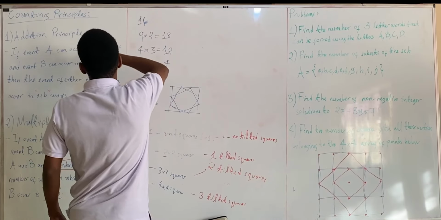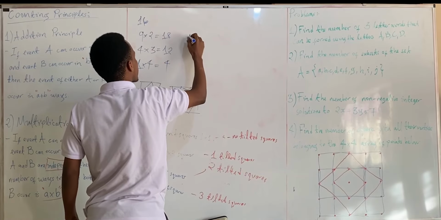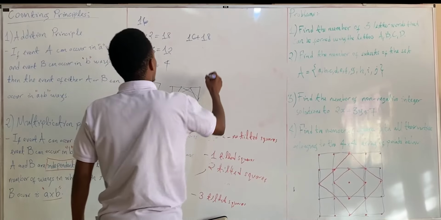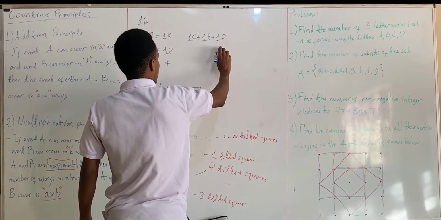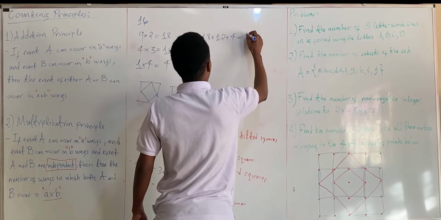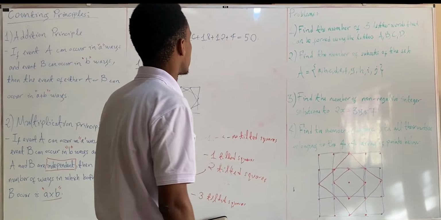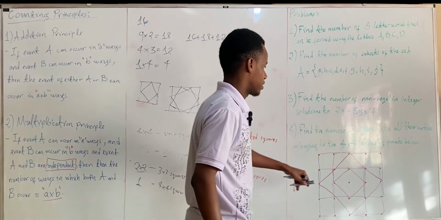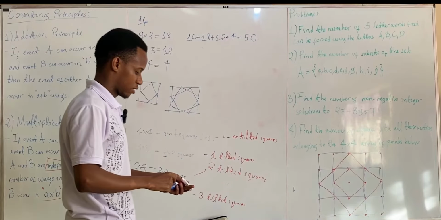So again, we use the addition principle and add them out: 16 plus 18, which is 34, plus 12, which is 46, plus 4, which is 50. So there are a total of 50 squares whose vertices are contained in this configuration of points.